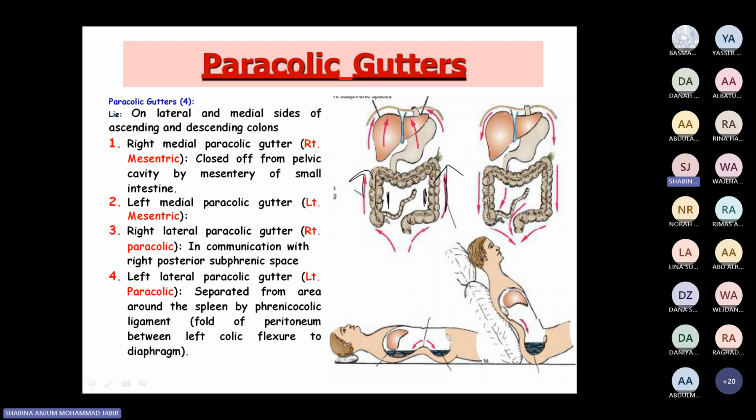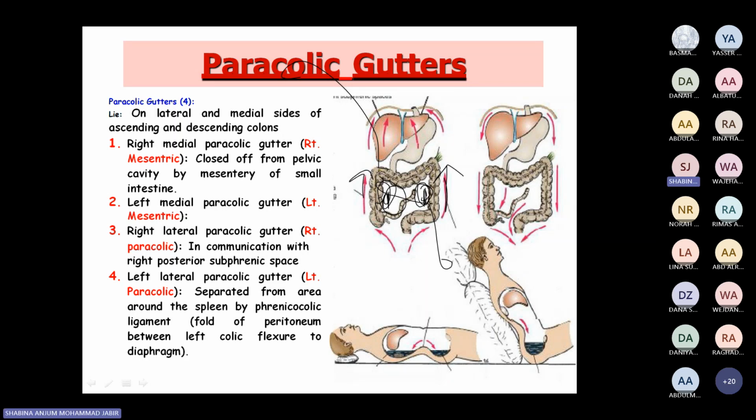So what about the right medial? If you see, this space is closed. Then what about the left medial? Yes, this is also closed.